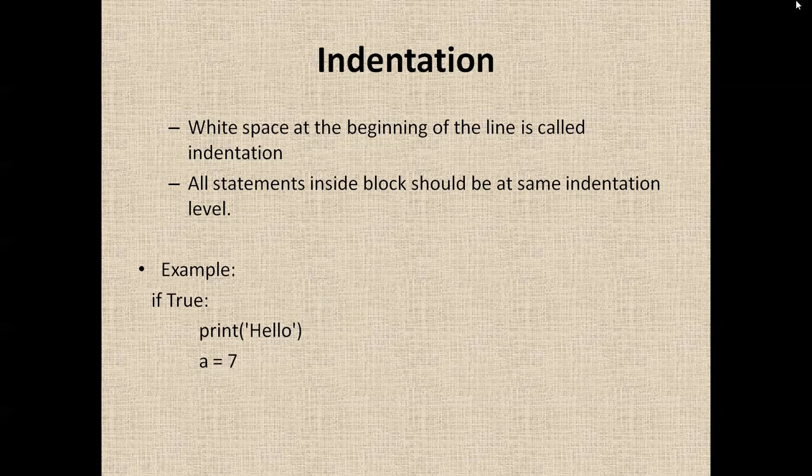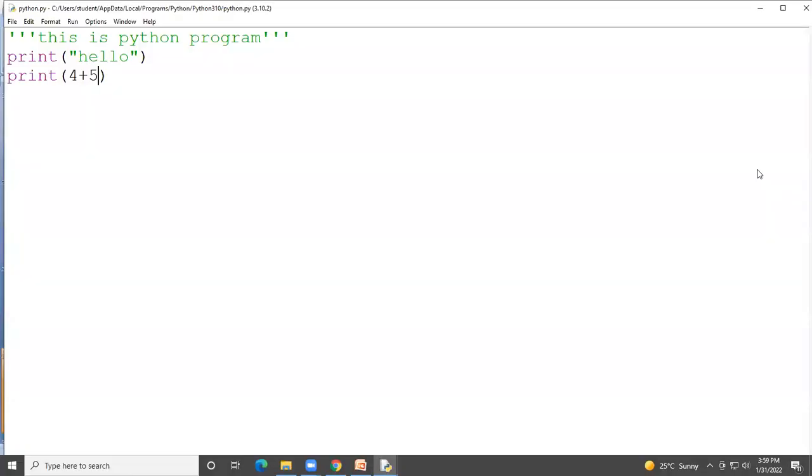We'll study about it by using one example. Here in this example, you have taken the statement like if True, T will be capital, print hello, and a is equal to 5 plus 7, and after that you are going to print the value of a here.